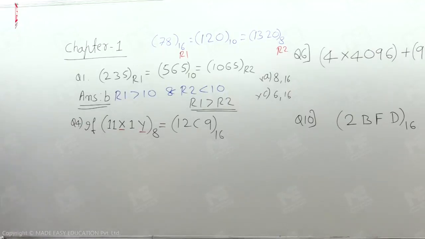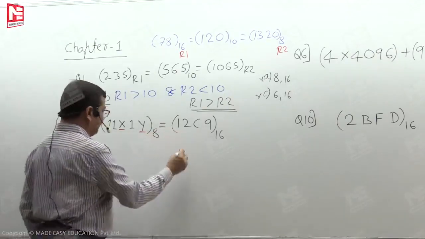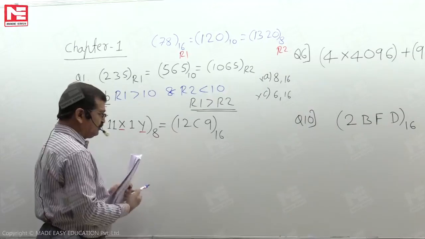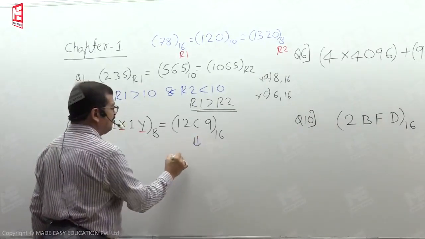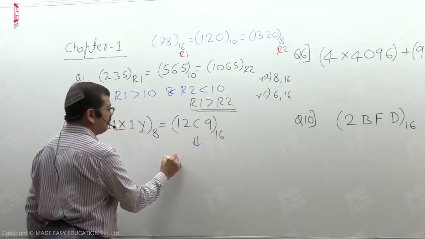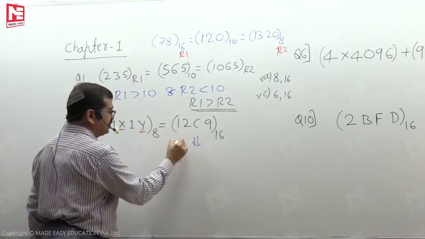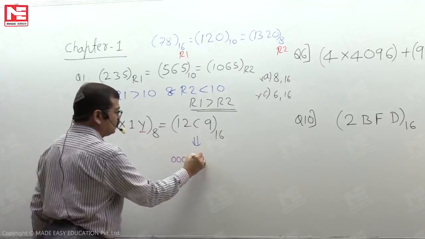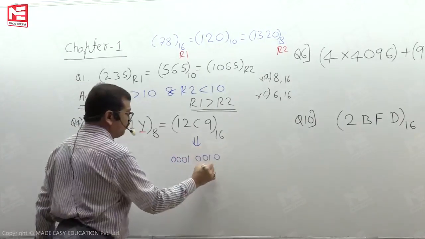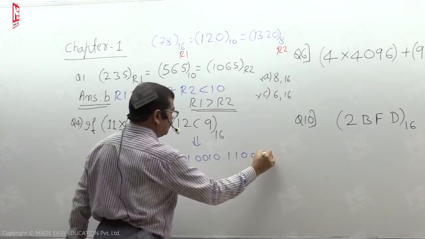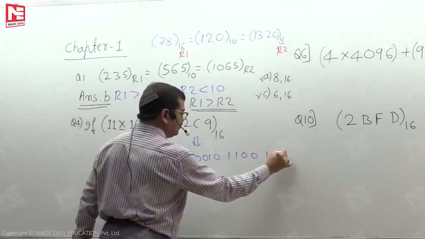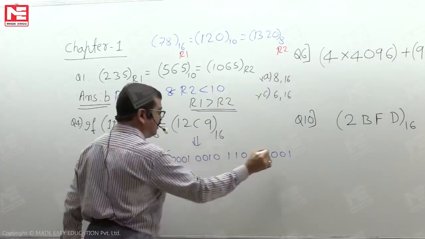The given hexadecimal number is to be read first in binary format. As we already discussed, each digit is expressed with 4 bits. So while expressing each digit with 4 bits, we get the binary format.